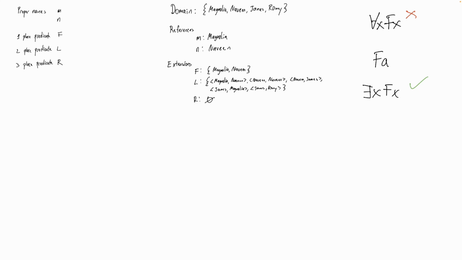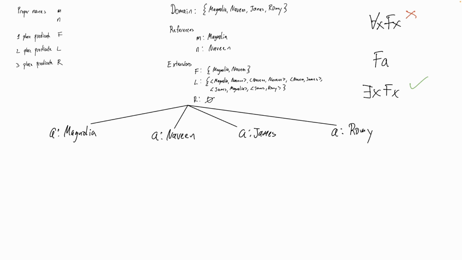We have one expansion where A refers to Magnolia, one where A refers to Naveen, one where A refers to James, and one where A refers to Romy. At this point, strictly speaking, we have 5 different valuations. We have the original valuation plus 4 different expansions of it.